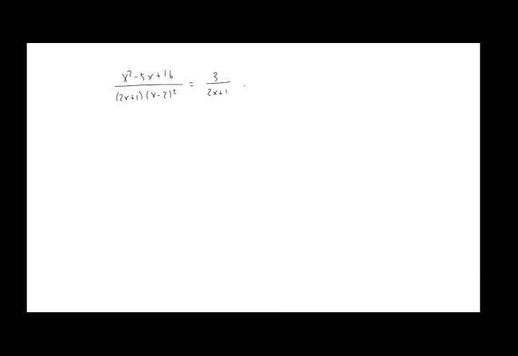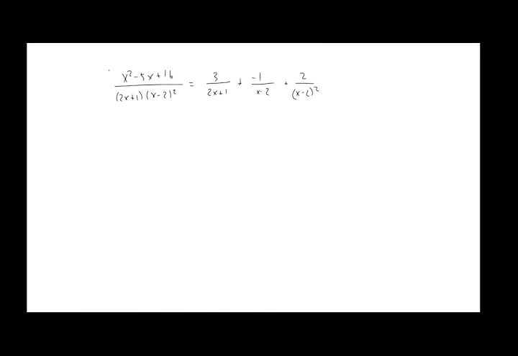We'll have our 3 over 2x plus 1, and we'll have our B all over x minus 2. And then we'll have our C over x minus 2 quantity squared. Now, once again, the value for B is going to be negative 1, and the value for C is going to be 2. So we can simply take those and plug them in.